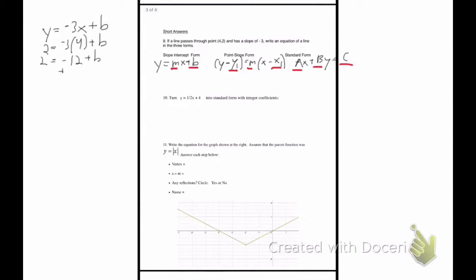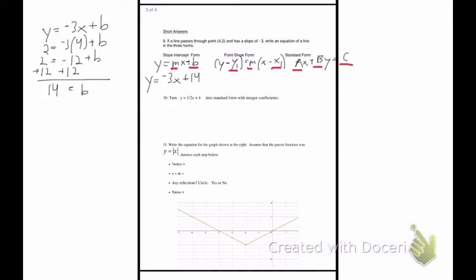When we bring 12 over to the other side, we get that b equals 14. Now we have the b and we have the m, so we're ready to write our first equation. Our first equation would be y equals negative 3x plus 14.